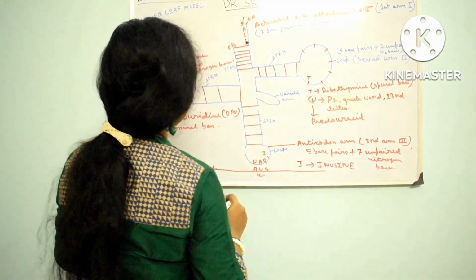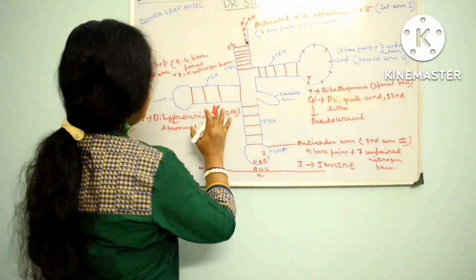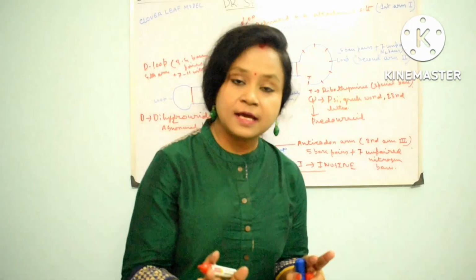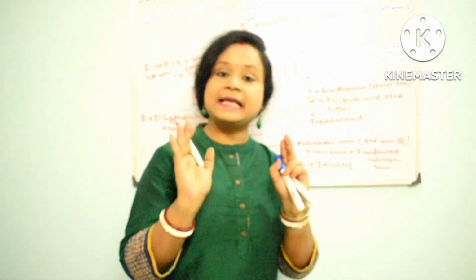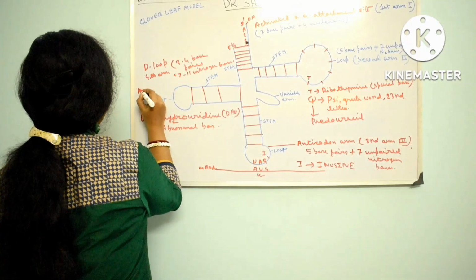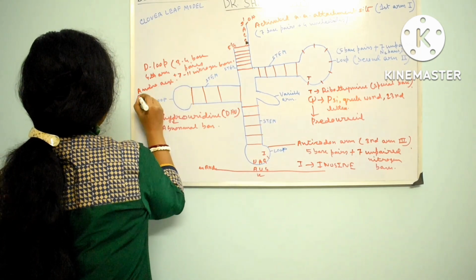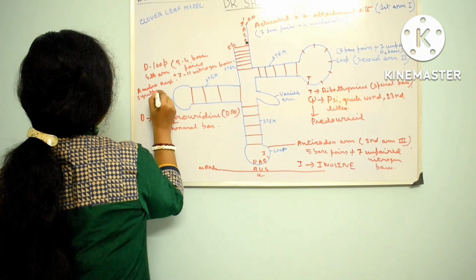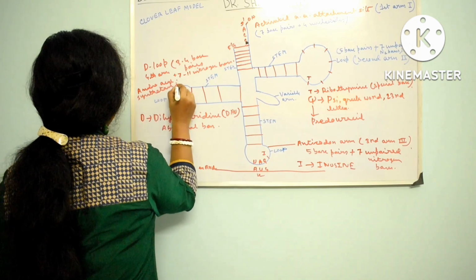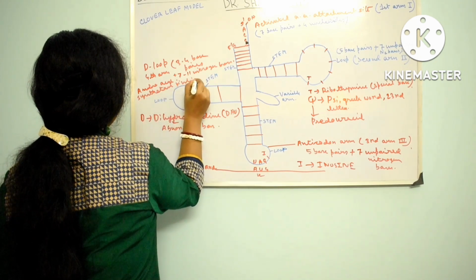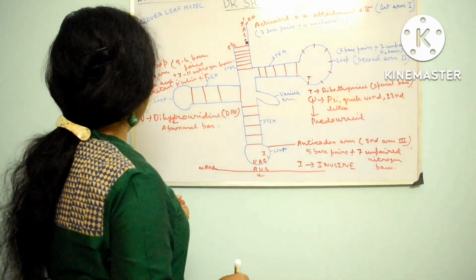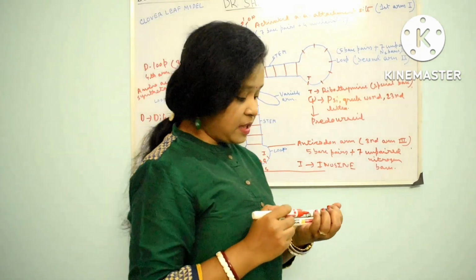And this arm is also known as the aminoacyl synthetase binding site. Okay, and this one is the fourth arm.